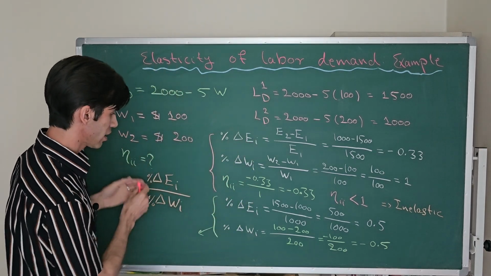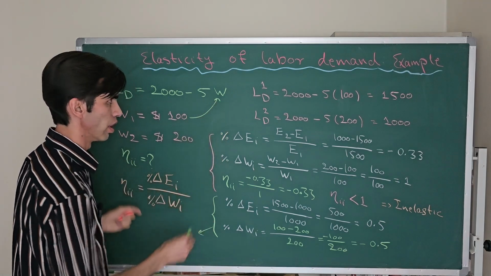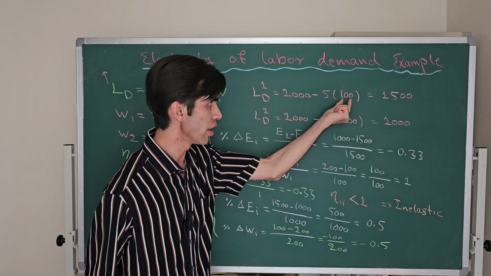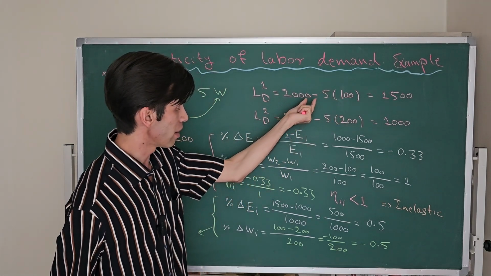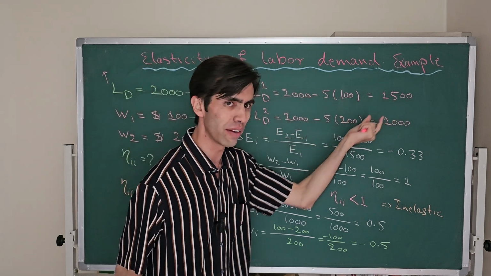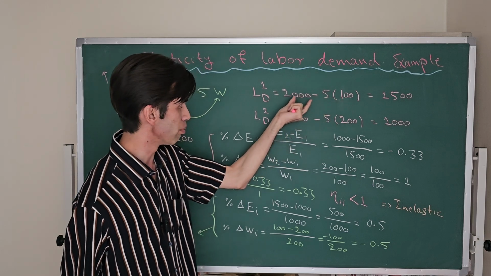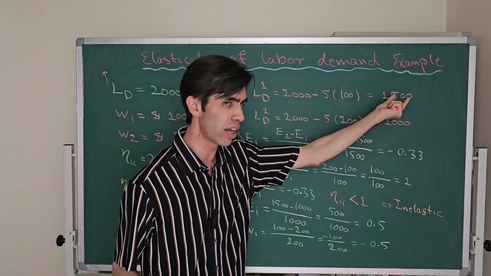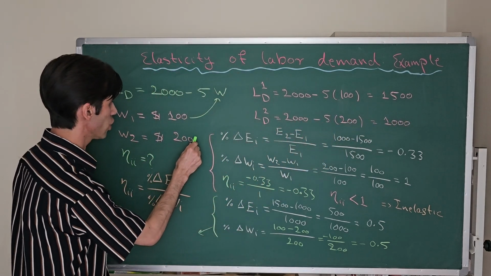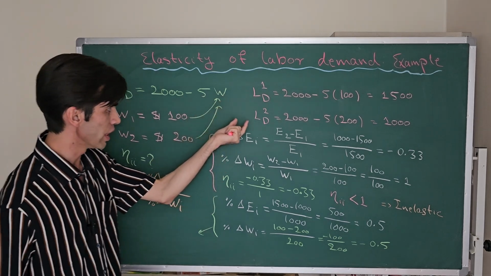By plugging this wage rate into this formula, we will have the employment level when the wage rate is $100: 2000 minus 5 multiplied by 100 will be equal to 1500, because 5 multiplied by 100 is 500, and 2000 minus 500 is 1500.